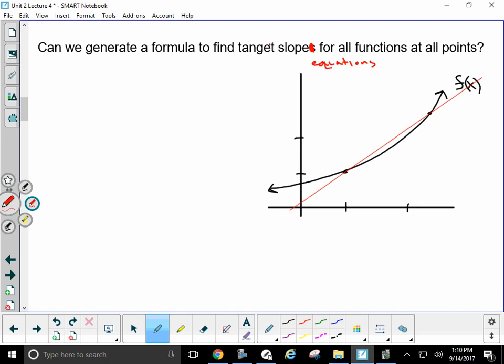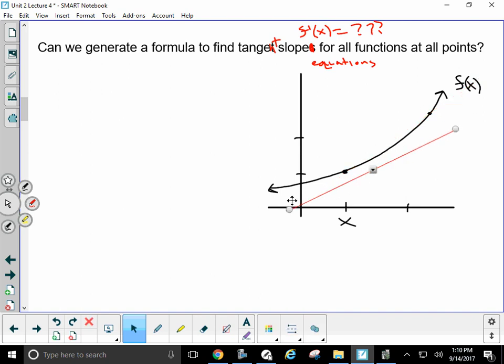How can we find these f prime equations? All right, well, I'm going to take a random equation. This is a random equation. I'm going to focus on this point right here, which I'll call just a random x point. And my goal is to create a tangent line right here at x. Okay, I want to get there.